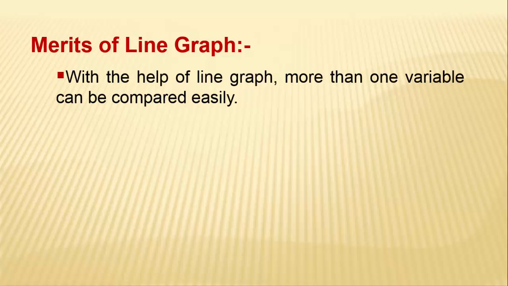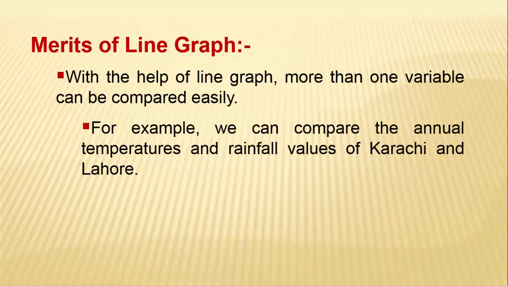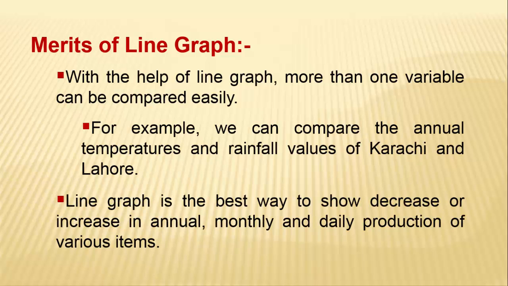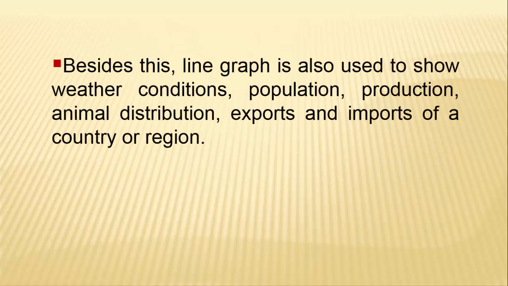Merits of line graph. With the help of a line graph, more than one variable can be compared easily. For example, we can compare the annual temperatures and rainfall values of different cities on one graph. The line graph is the best way to show a decrease or increase in annual, monthly, or daily production of various items.